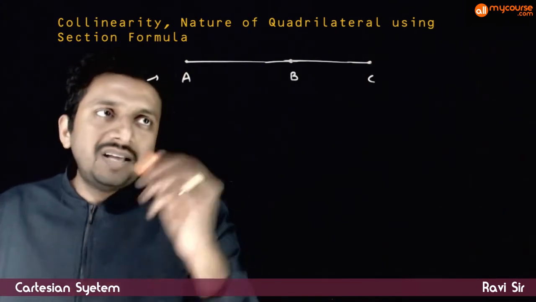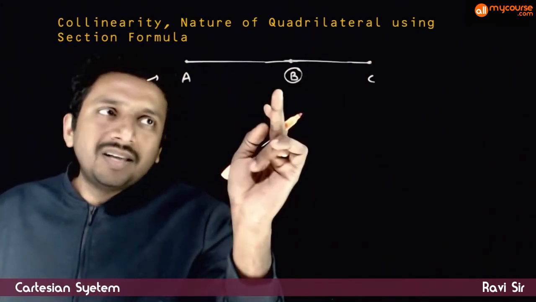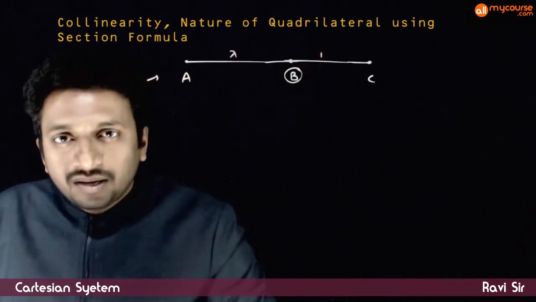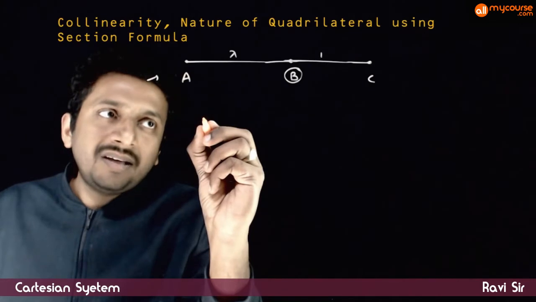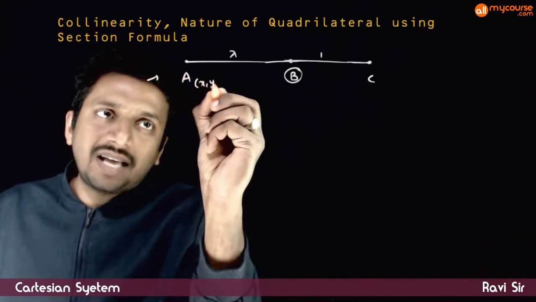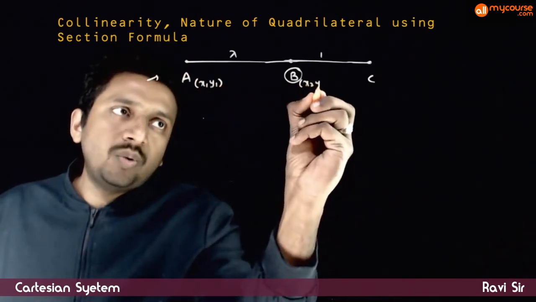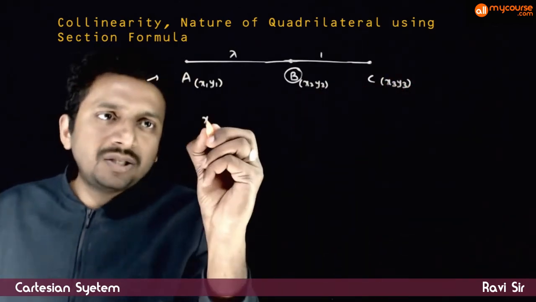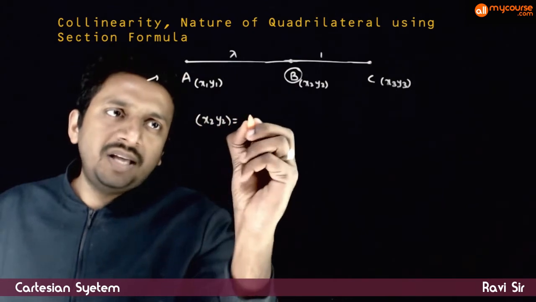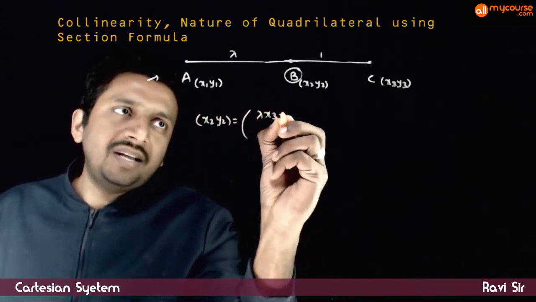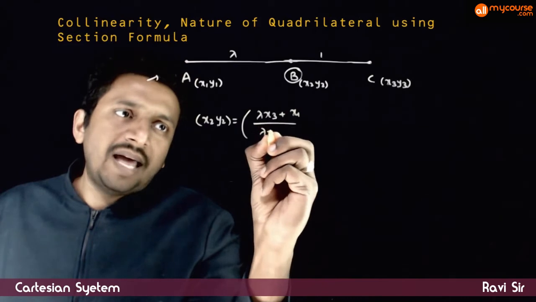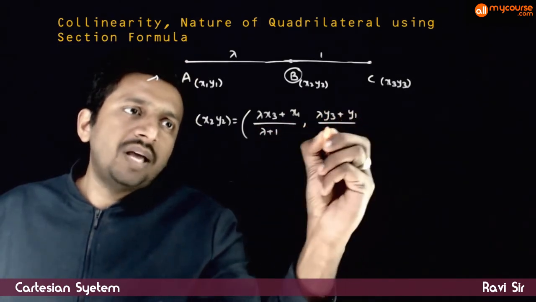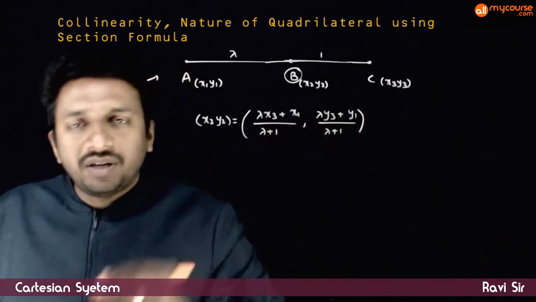So the simple trick is we assume that the point B divides AC in the ratio lambda is to 1. So let us take this as x1 y1, this as x2 y2, this as x3 y3. So x2 y2 will be equal to lambda x3 plus x1 by lambda plus 1, lambda y3 plus y1 by lambda plus 1.